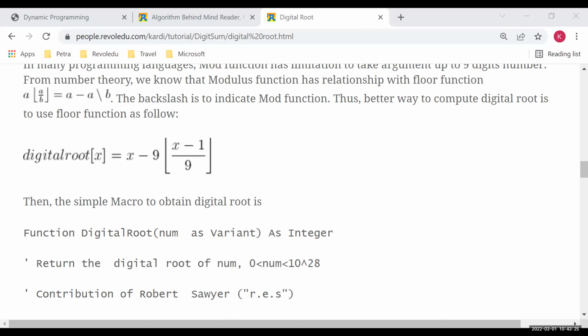Wait, did I input the wrong formula? X minus 9 multiplied by x minus 1 divided by 9, right? Yeah, x minus 1 divided by 9, and then you take the floor function. The floor function in Excel has a digit significance, so you put 1.